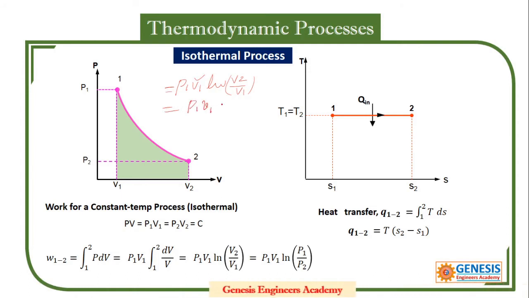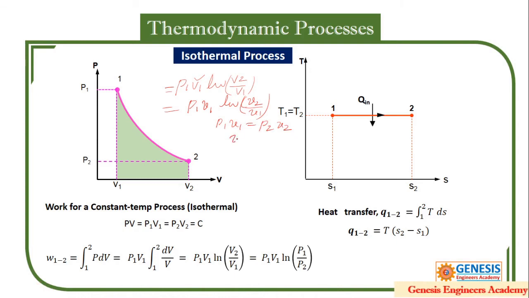I can also use it like this, as the specific value, ln V2 by V1. Okay, so V2 by V1 is equal to P1 by P2, because P1 V1 equals P2 V2. So this is P1 by P2.